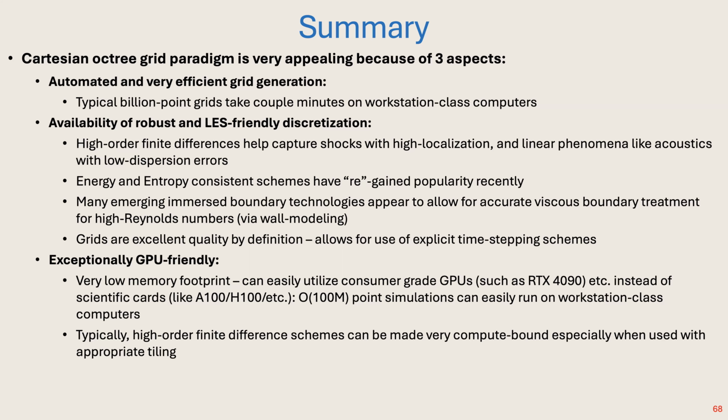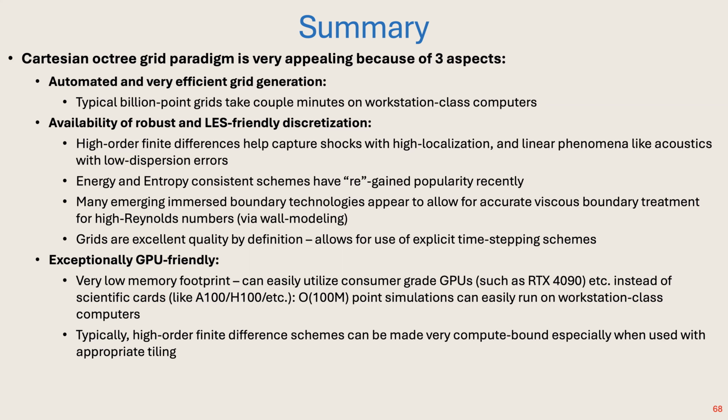Because grids are of excellent quality, we don't have to use implicit schemes. We use explicit. The third aspect is that it's exceptionally GPU friendly, as I mentioned. We are compute bound, and because of that you can run consumer-grade GPUs instead of more expensive GPUs.